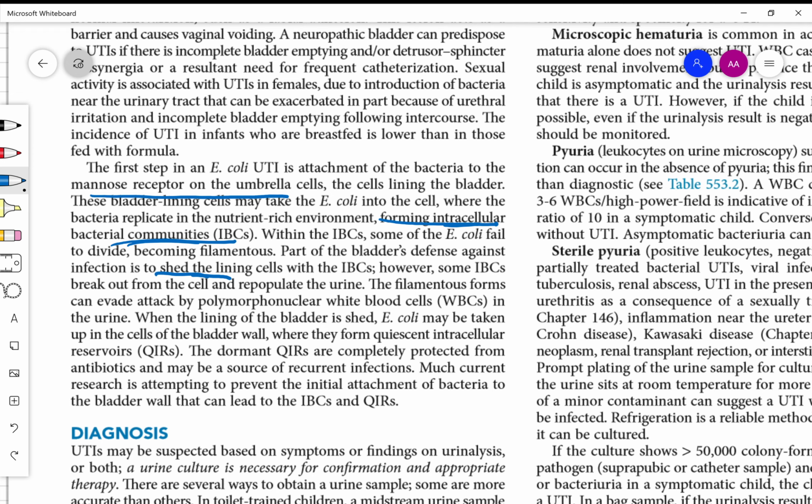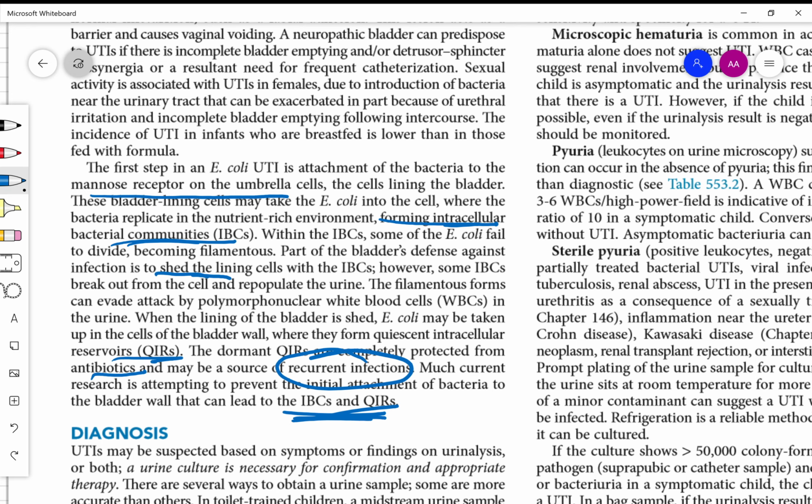But when the lining of the bladder is shed, the bacteria may be taken up by the bladder cells, and then they form the QIRs, the quiescent or dormant intracellular reservoirs. These dormant QIRs are completely protected from antibiotics, and this may be one of the causes of recurrent infection.